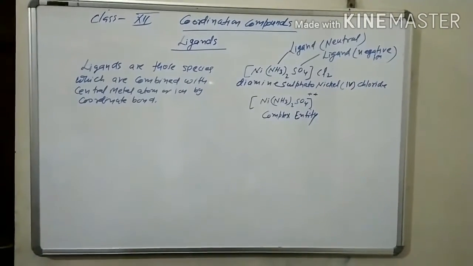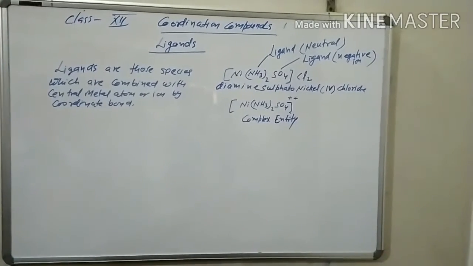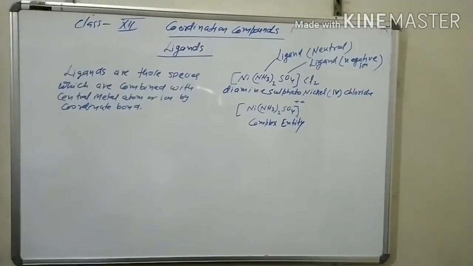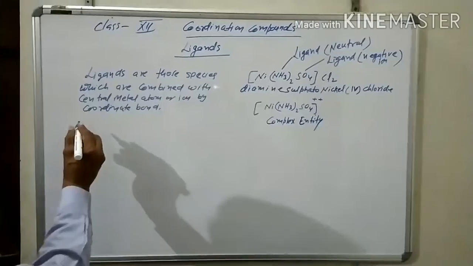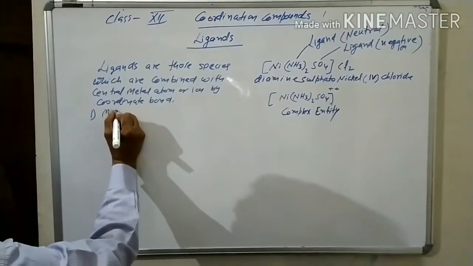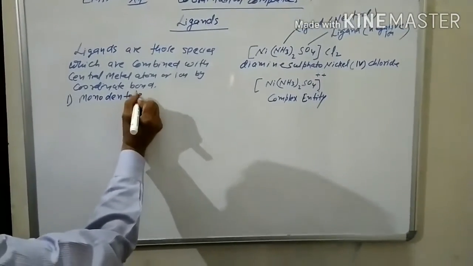So, according to the number of donor atoms present in the ligand, ligands are of many types, and we know them one by one. First, monodentate ligand.